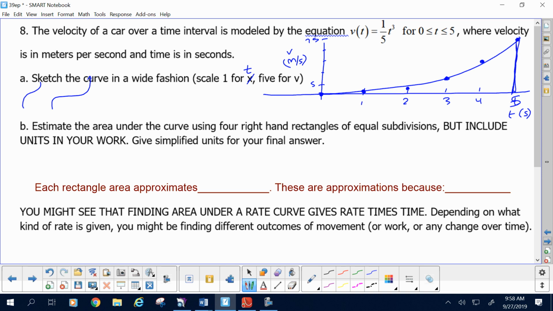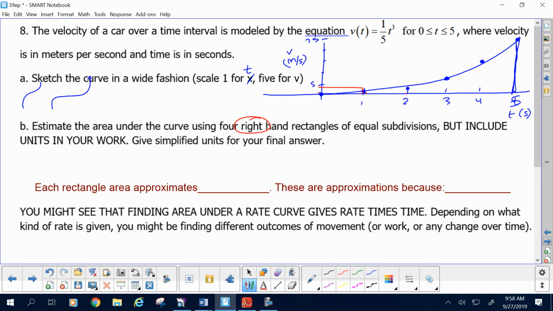All right. Now, if in B they say estimate the area using 4 right-hand rectangles of equal subdivisions that include units in your work. I'll come to that in a second. So in the first subinterval, if it's right hand, where do I draw? At 0 or 1? 1.